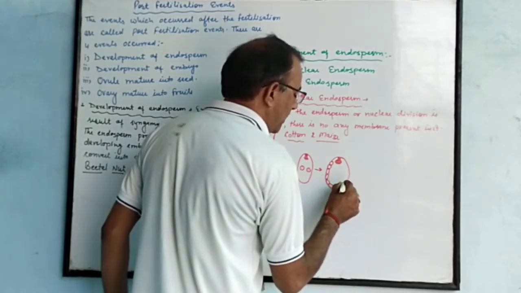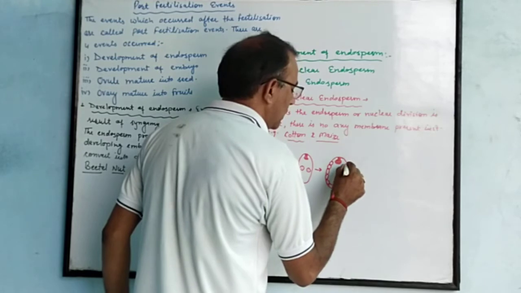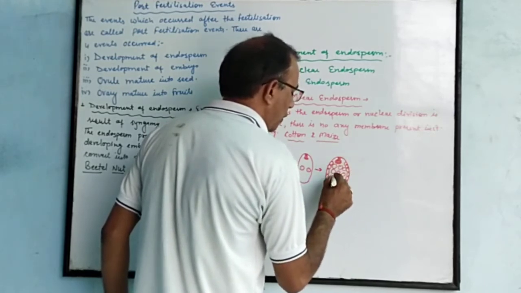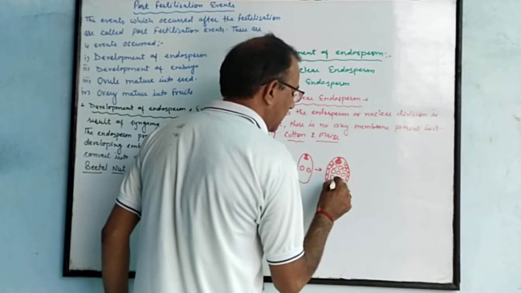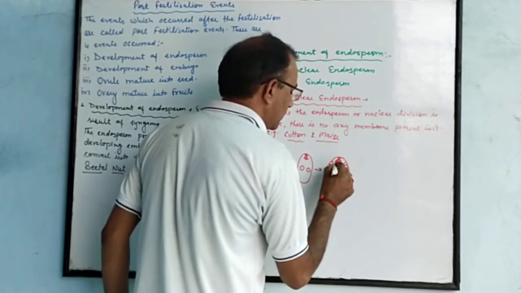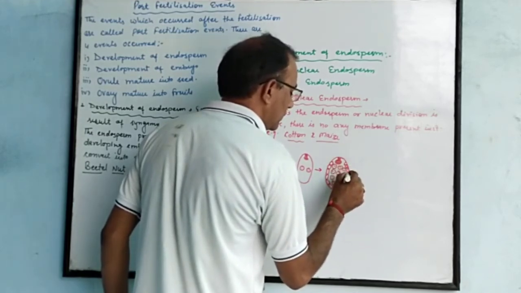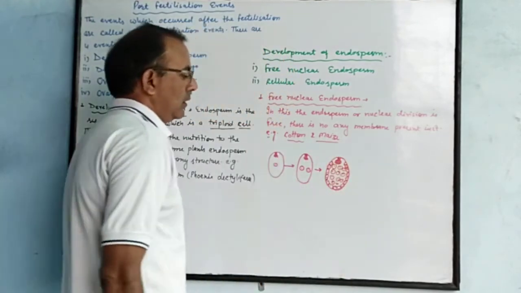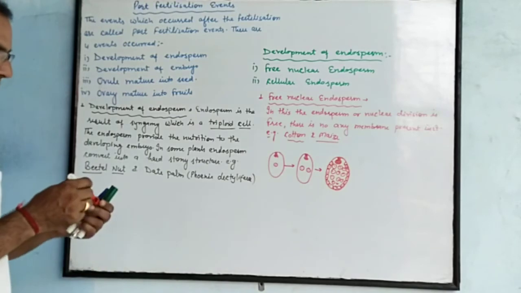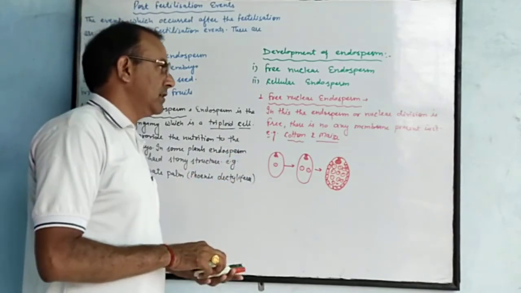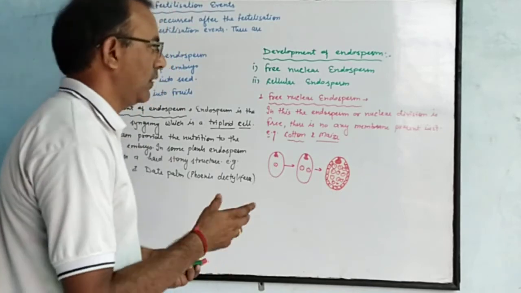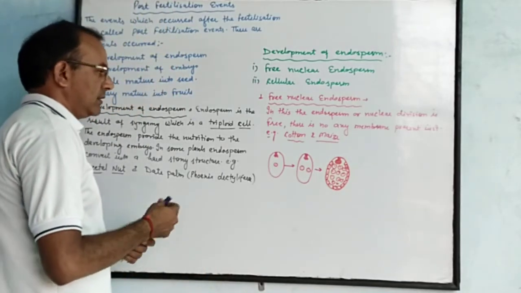There is no membrane present between the nuclei. Since free nuclear division takes place in cotton and maize, it is called free nuclear endospermic development.